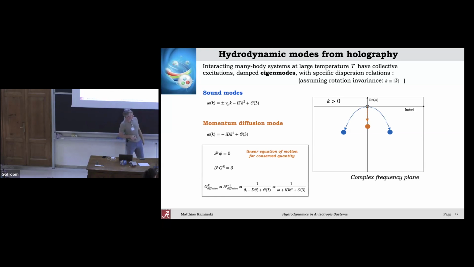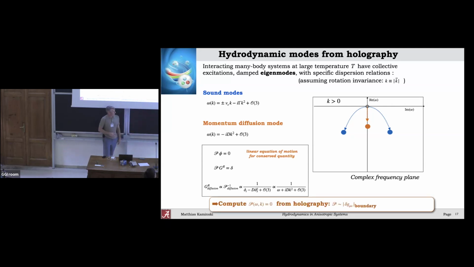Probably everyone is familiar with this linear response notion here, that if you have a linear operator acting on your excitations and that's 0, you can write the Green's function here and get the delta function on the right hand side, and then this gives you a way to invert this equation so that you can express, for example, the diffusion Green's function as the inverse of this operator formally, and that gives you this diffusion pole in the denominator of these Green's functions.